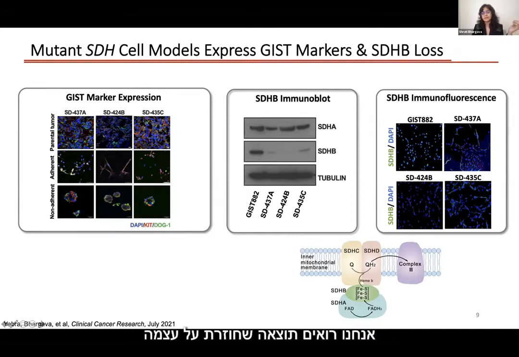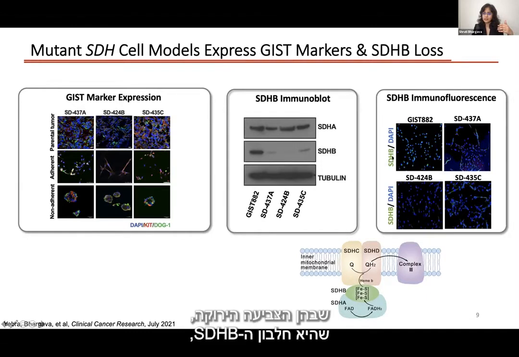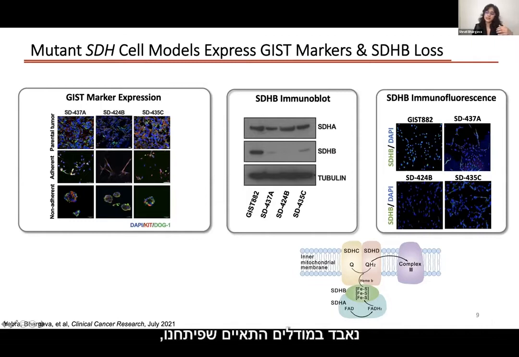We see a replicated result in the immunofluorescence assays as well, where the green staining, which is the SDHB protein, is lost in the cellular models that we have established as compared to a KIT mutated GIST cell line.